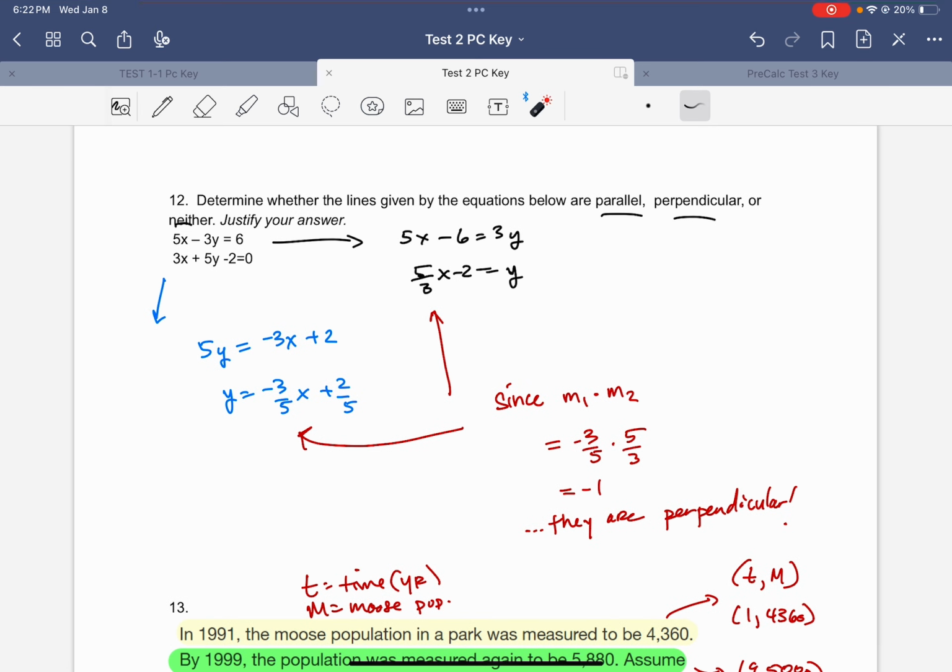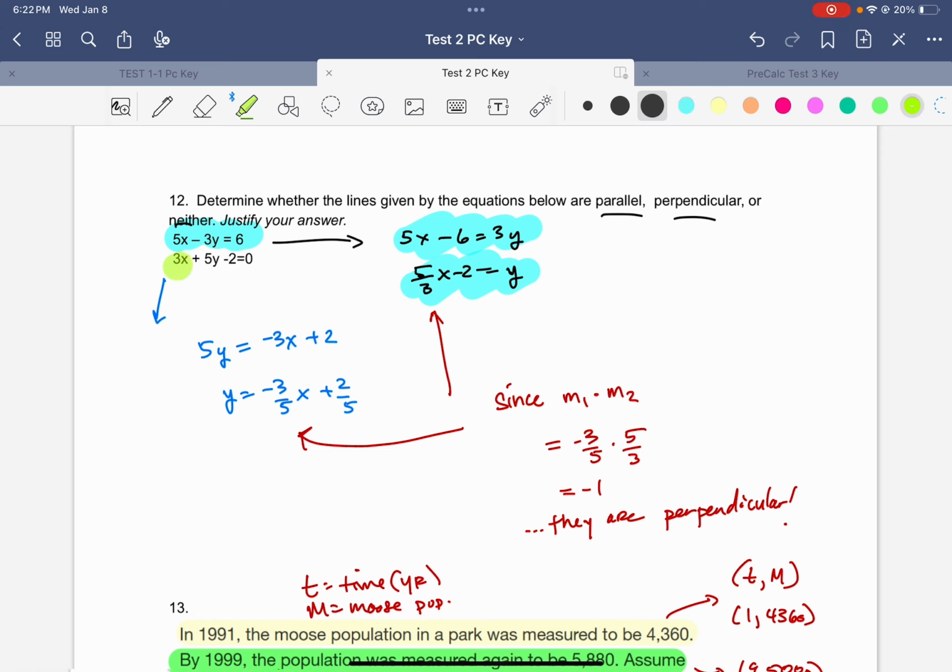All right. Look at 12. It says, tell me if these are parallel, perpendicular, or neither. Justify your answer. You must justify, or you get no credit. Well, first, top one stays the top one. I end up taking the first equation and I solve it for y and I get this.